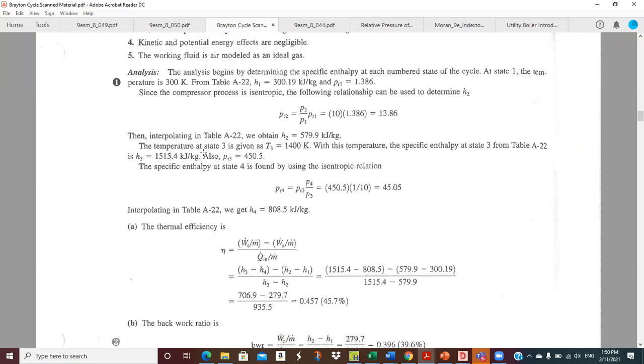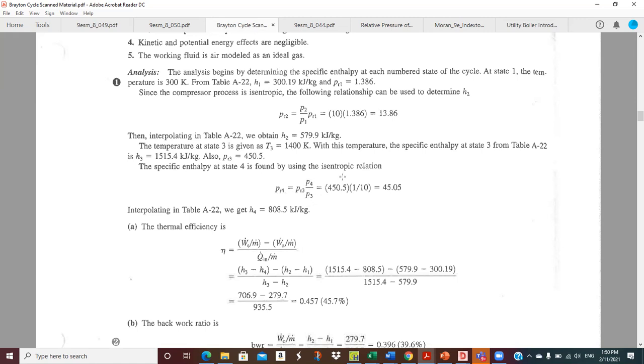And then we do the heat addition, and that boosts us to 1400 K. Well, I need an enthalpy, so I'm just back to the table at 1400 K. I look up 1514, and I also notice PR3 is 450. Well, now I'm ready to go across the turbine, and it's isentropic, so PR4 is PR3 times the pressure ratio.